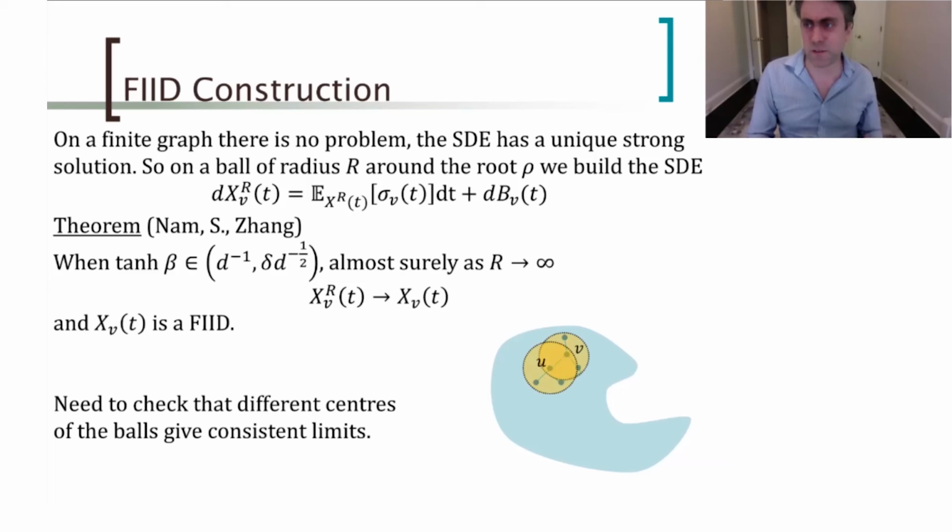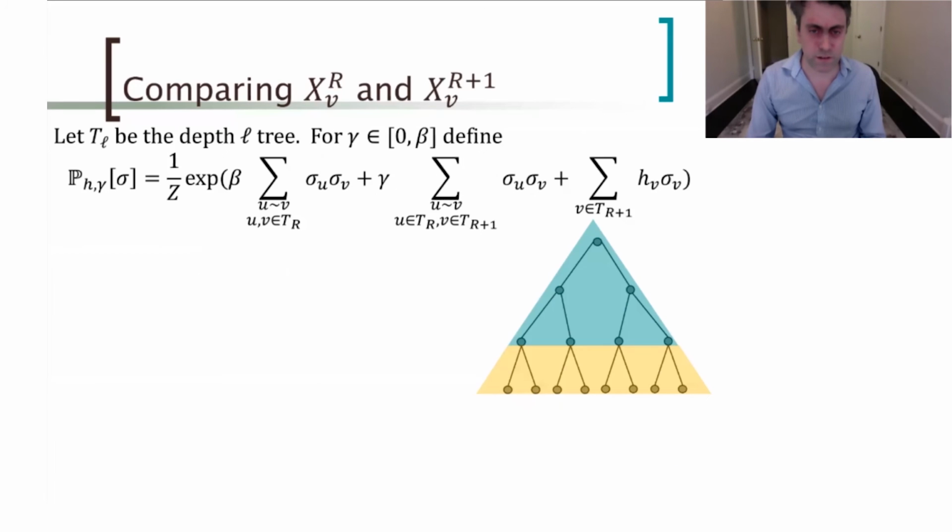But that turns out to be almost exactly the same sort of thing to check as the effect of letting R grow. So I'll just discuss that first issue. And so what we want to do is compare X^R_v with X^{R+1}_v, which is really comparing what happens in a tree of depth R to a tree of depth R plus 1.